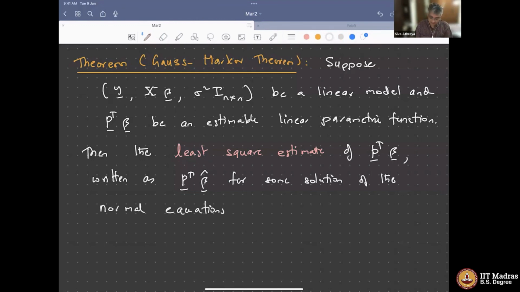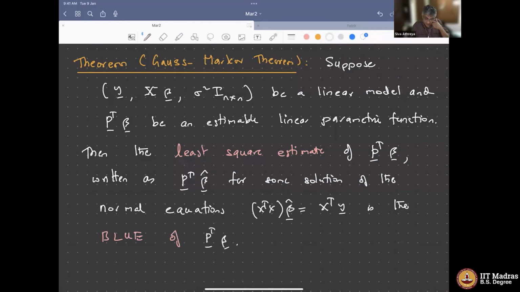So let's say the normal equations are X transpose X beta hat equals X transpose Y, the equation I'm solving. Then the least square solution is in fact the BLUE of P transpose beta. It's the best linear unbiased estimate of P transpose beta.